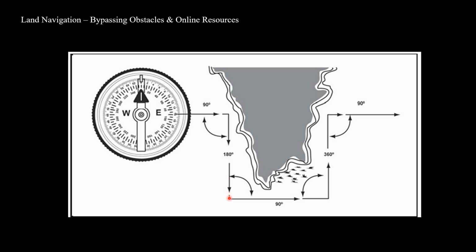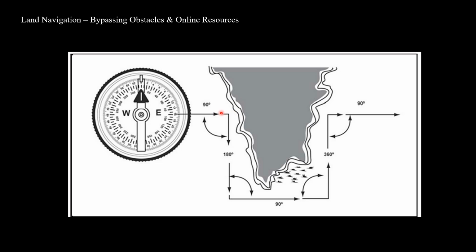Once you get to this point here where you have a clear path past the obstacle, now you want to count your paces again, because this part right here plus where you came from and then the remaining distance all counts towards your pace count, the distance towards your destination.